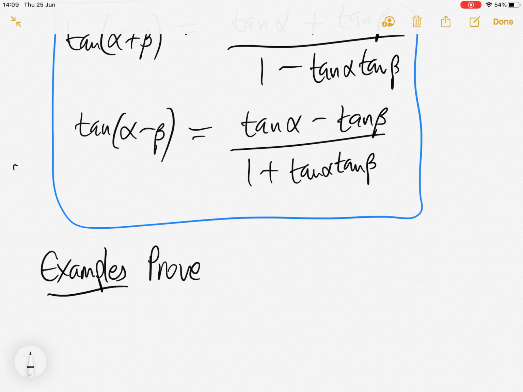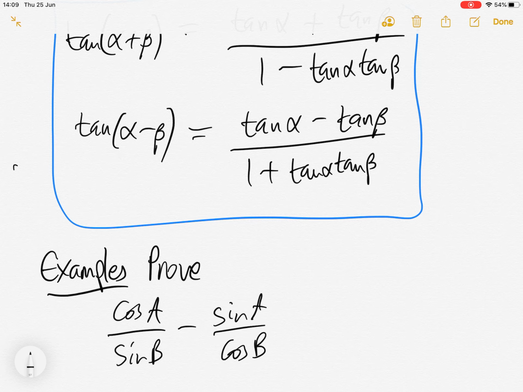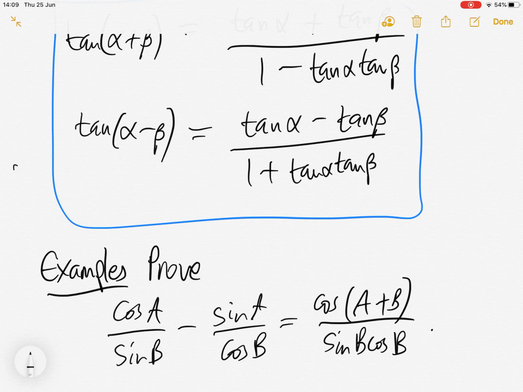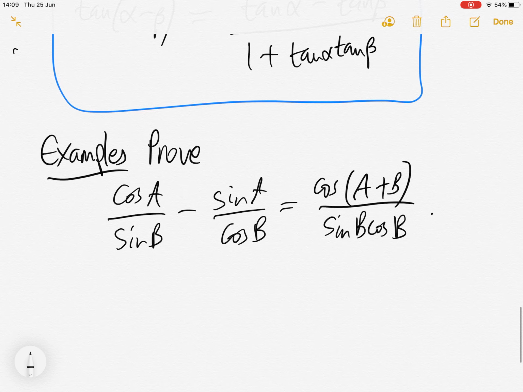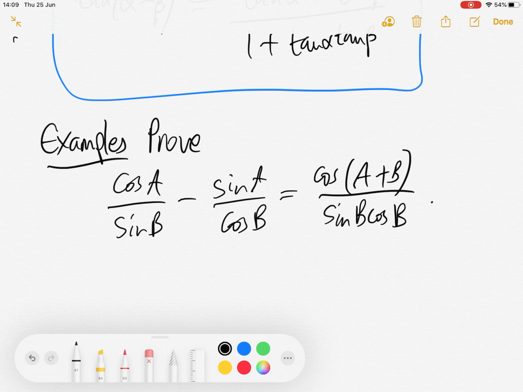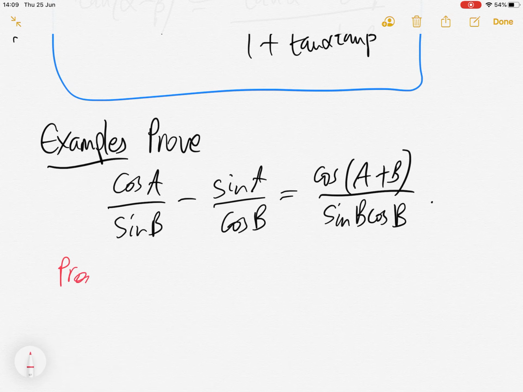So here's a question. Prove that cos A over sine B minus sine A over cos B is cos A plus B over sine B cos B. So trig proof, not everyone's favorite thing, but there are often strategies that are helpful.